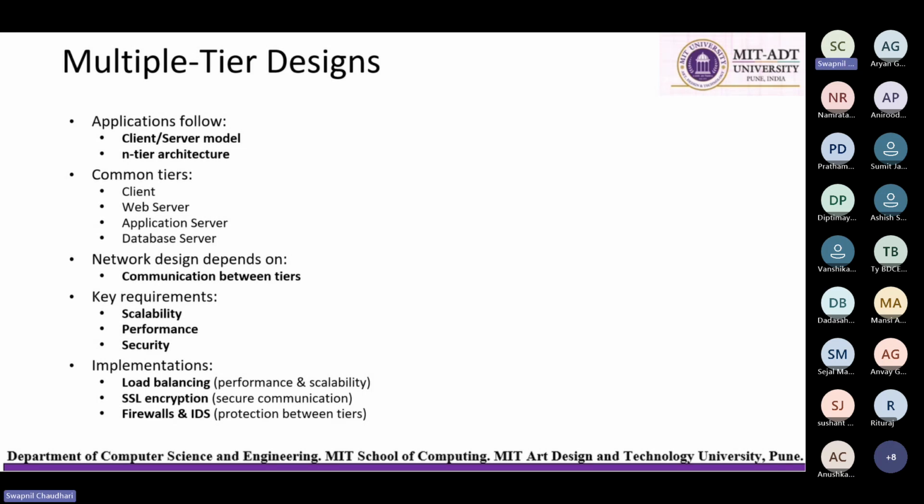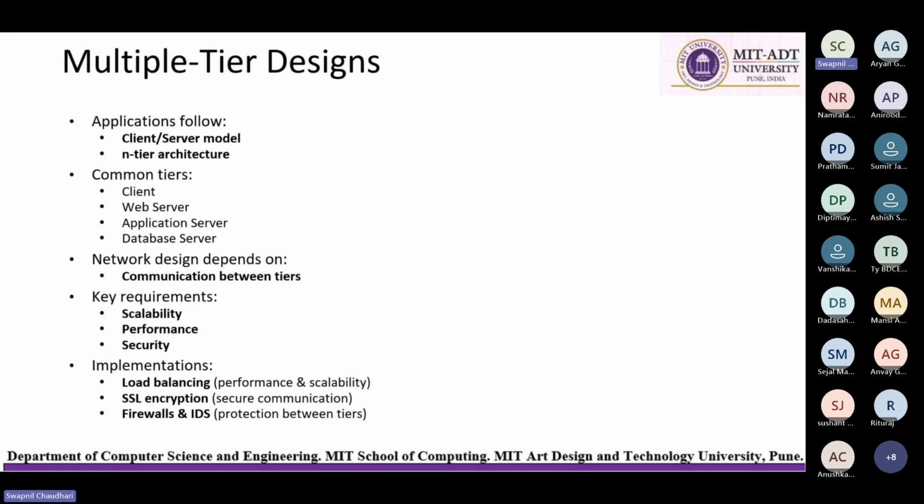Then comes the application server, where we write and process the business logic. The last one is the database, where we store and manage the data. Each tier performs a specific function, making the system modular, scalable, and easy to manage.